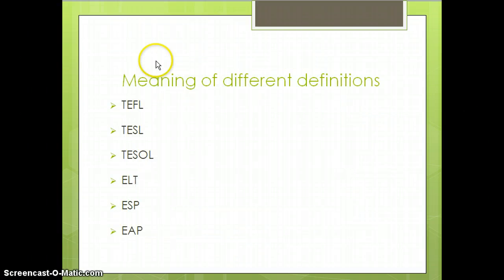Now, I'll present the meaning of the different definitions. TEFL generally refers to a world of English teaching where teachers may or may not necessarily be native speakers of English, yet students are speakers of other languages at the present time.